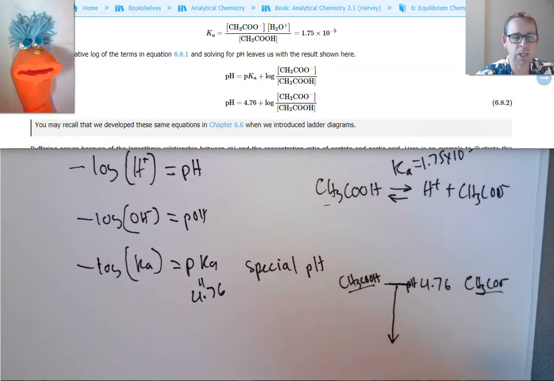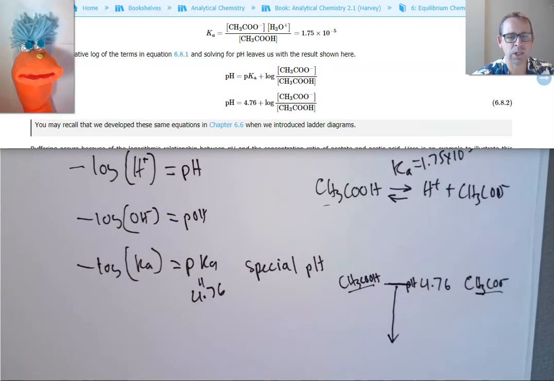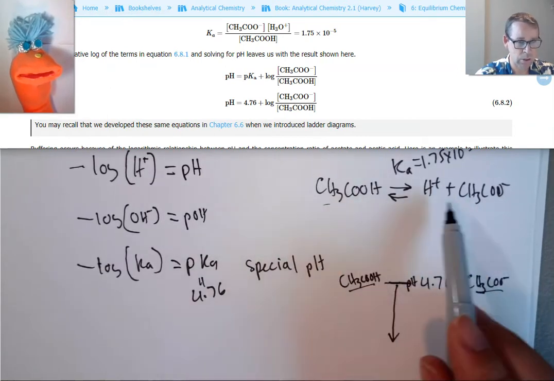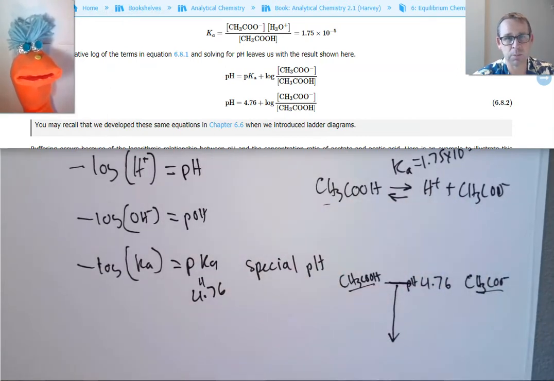If I go down in pH, how are things going to change? How does the hydrogen ion concentration change as you go down in pH? More hydrogen ion concentration. And if I have more hydrogen ion concentration, how is Le Chatelier's principle going to be applied here? More hydrogen means it's going to shift to the left.